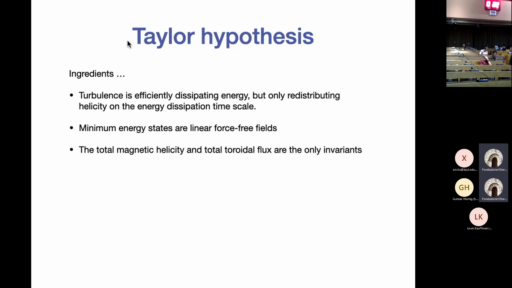And the last one is maybe the most difficult or uncertain one, whether total magnetic helicity and total toroidal flux are the only invariants. Total toroidal flux, one can show that this has to be an invariant, but that the total magnetic helicity is the only invariant, that's not for sure.